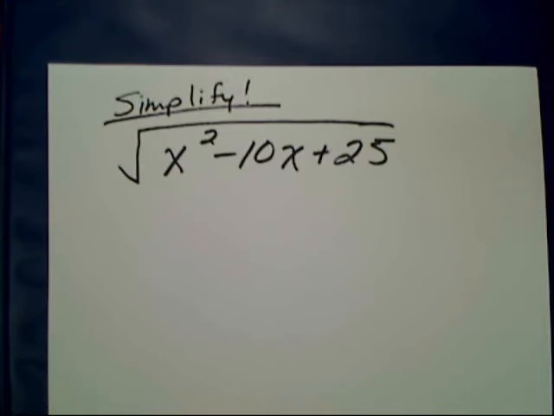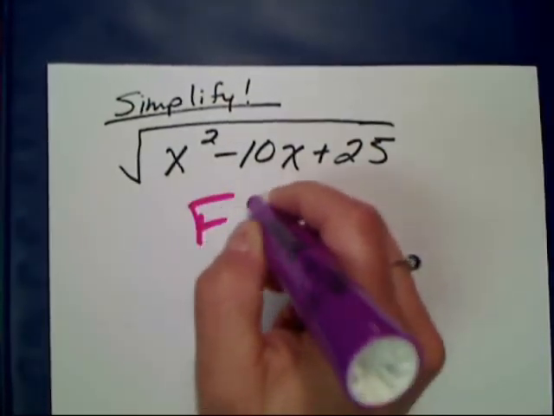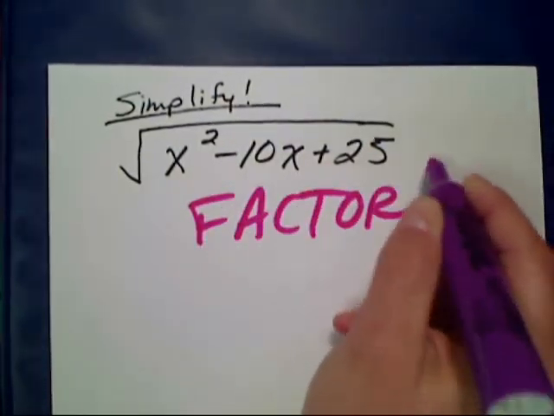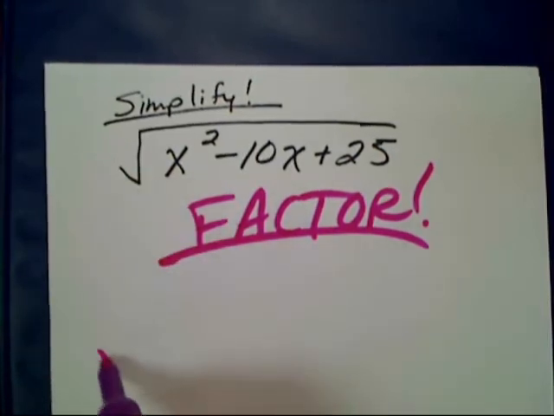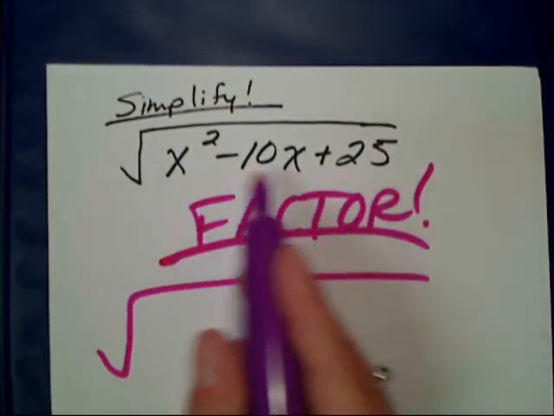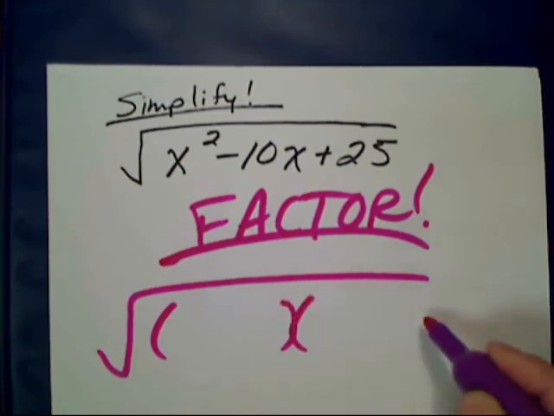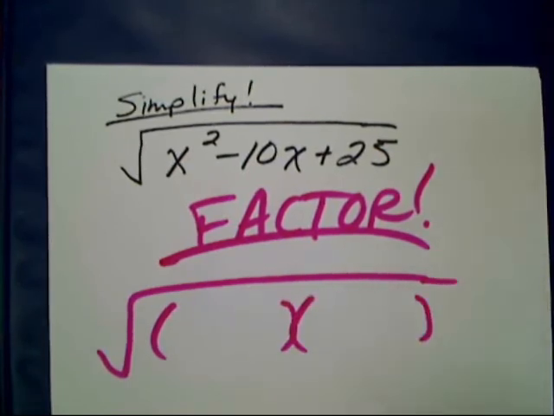What can we do? Well, the first thing I see is that we have a trinomial. And no matter how badly you hate the F word, I think factor. We still have a square root. You can't get rid of that. But can I make this into two sets of parentheses? Well, let's see.